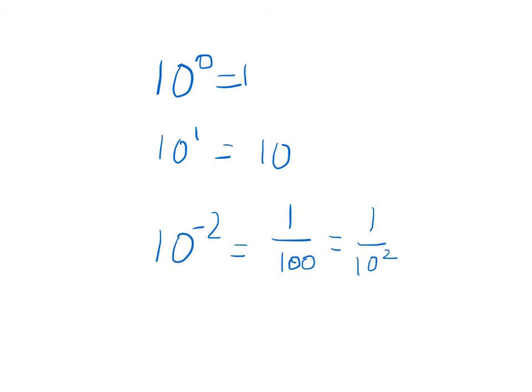Alright, so let's take a look at example 1 here. A says to simplify 2 to the 0. Well, that will equal 1, because it's got a 0 as an exponent. B says 3 to the negative 2. Well, how do we get rid of that negative symbol again? Well, remember that negative symbol becomes the fraction bar.